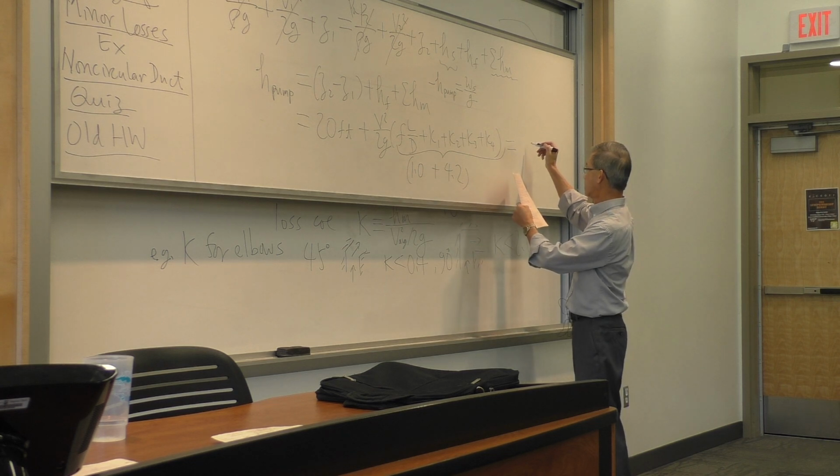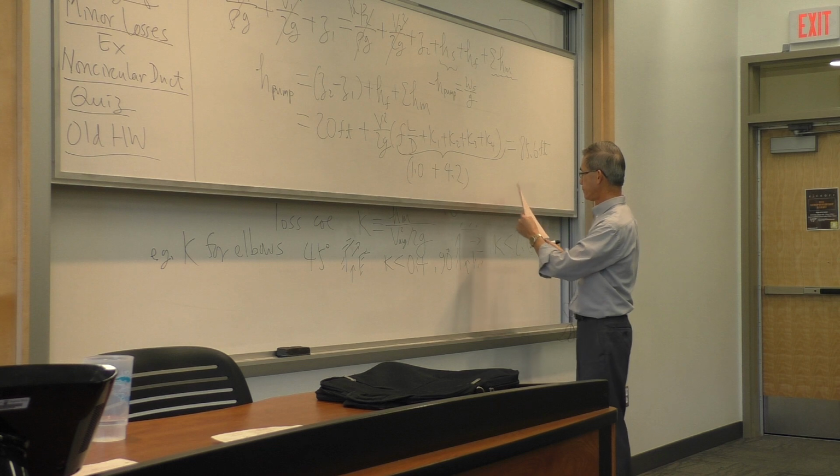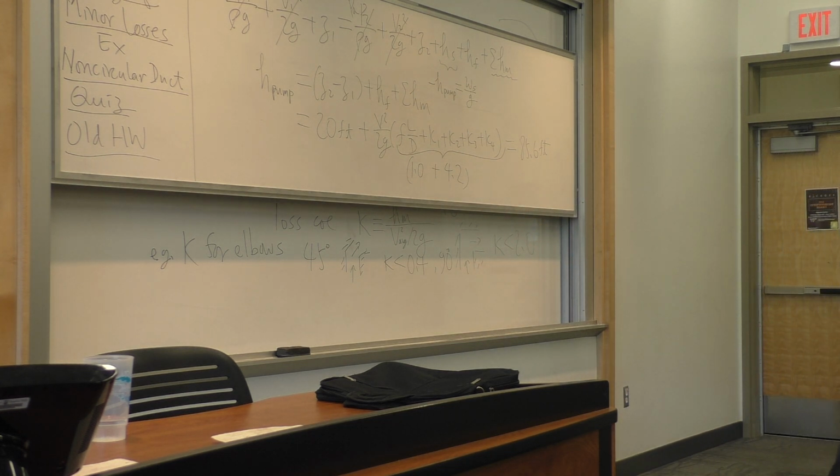So the final head loss, all inclusive, is about 85 feet, 20 feet of which is gravity. The rest is divided 20% friction, 80% due to those added components.